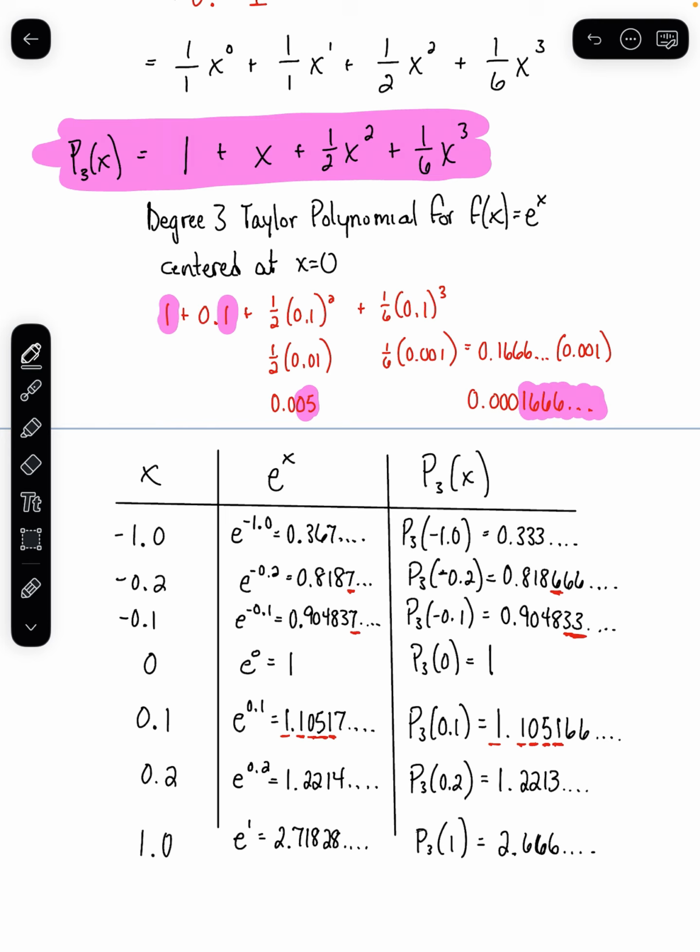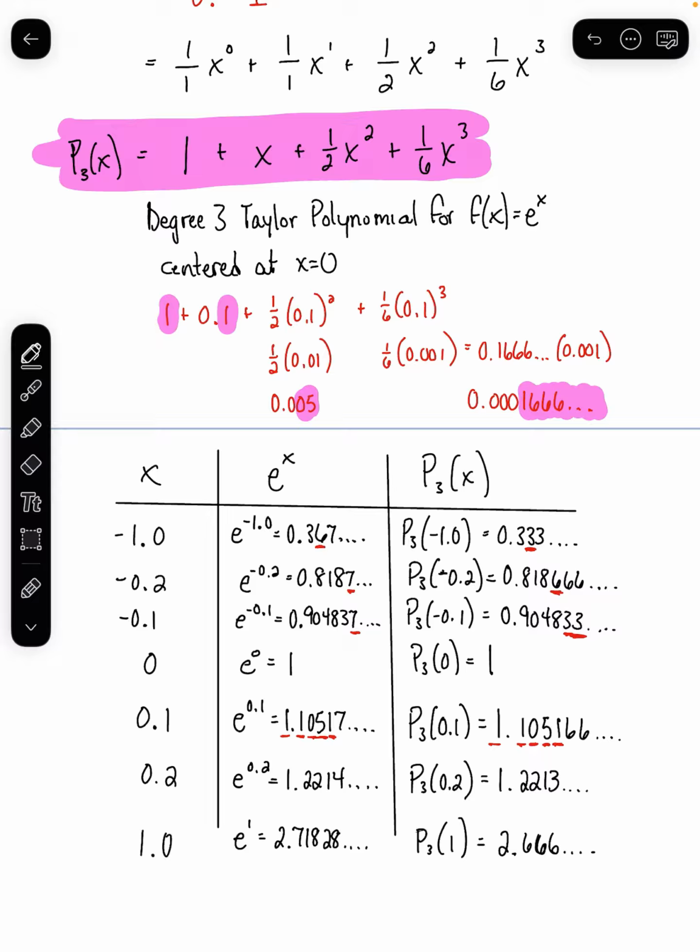We notice the difference, again, in the second decimal place, much sooner than we saw it in previous input values. So what we can see here is that they are exactly the same at the centering value, incredibly close when we're only 1/10 away. Still very close, but not quite as close when we are 2/10 away. And by the time we get to a full integer value away, the difference is starting to become noticeable. Still not tremendously large, but definitely becoming noticeable.